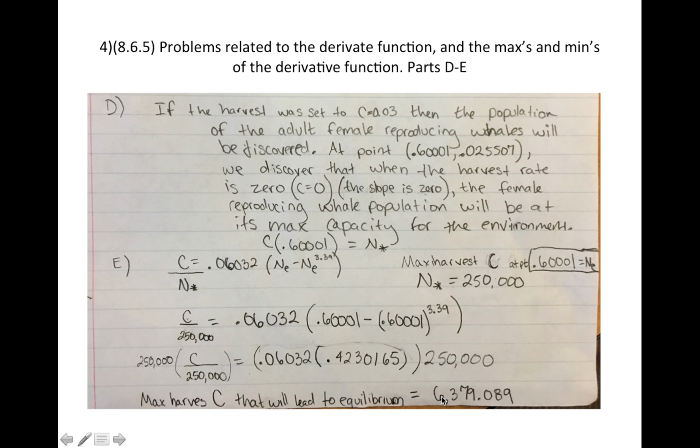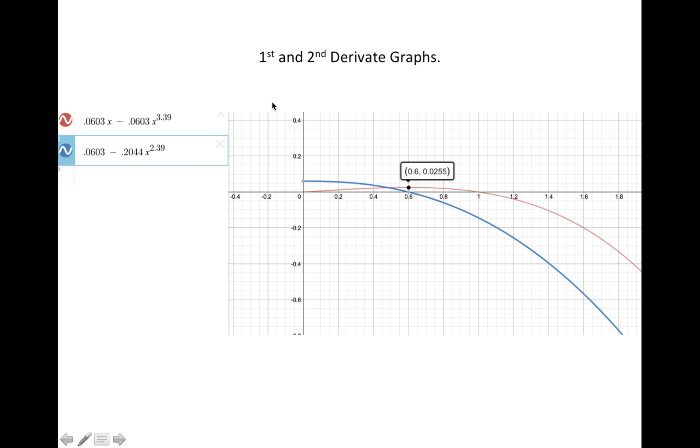Got 6,379.089. And then this is the Desmos graph that was used to graph our original function, which was from 8.6.3, 8.6.4, where C was isolated in terms of n sub e, and then got the original graph right here.